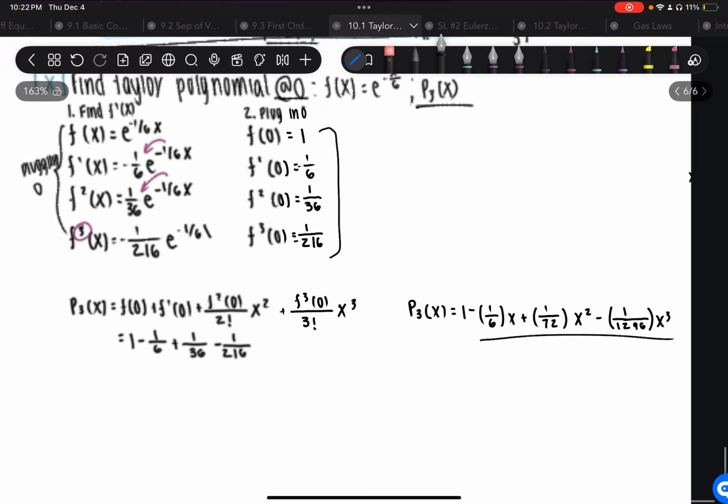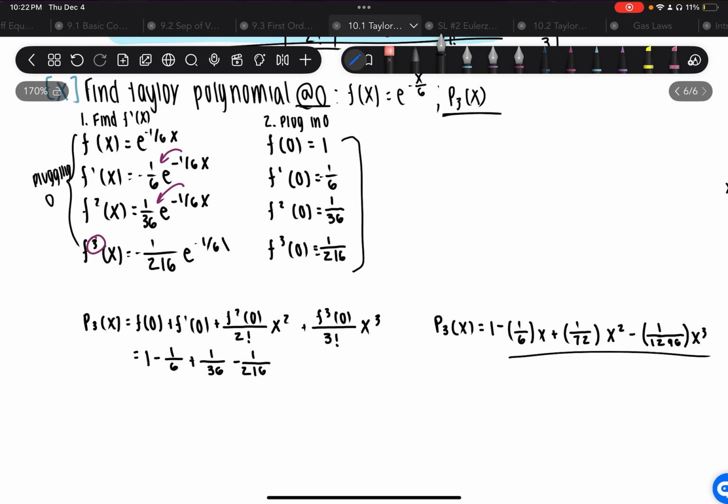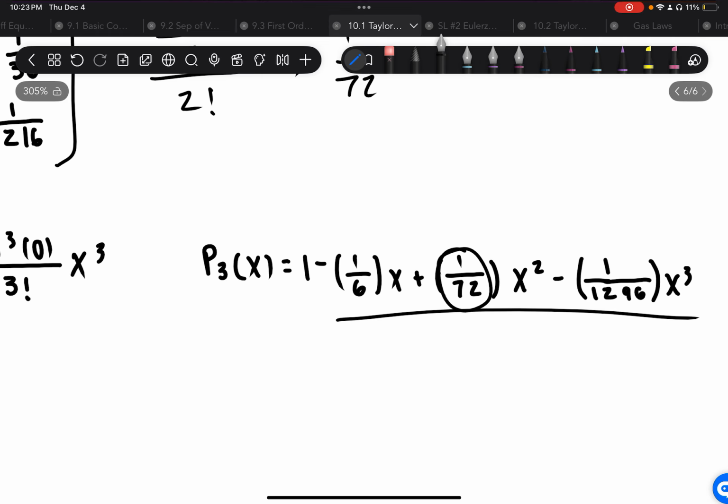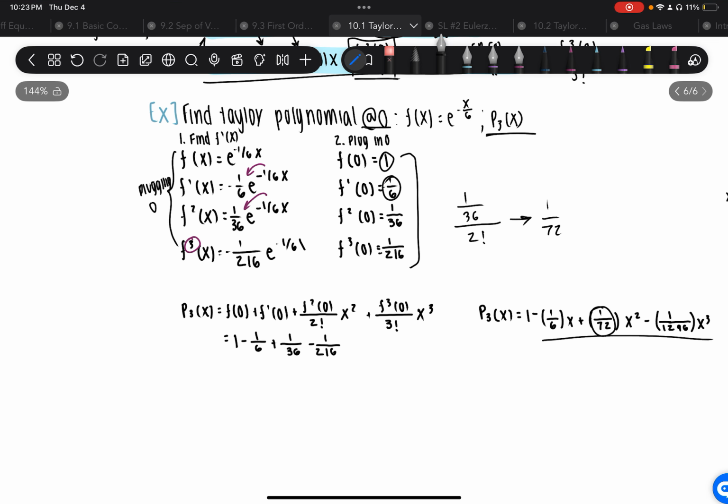So our a of 0 is just f of 0, our a1 is negative 1/6, but then we need to do 1 over 36 over 2 factorial, and that's what I got. I got 1 over 72, which is in my final equation. And that would be our answer. So that is how we find a Taylor polynomial at 0.